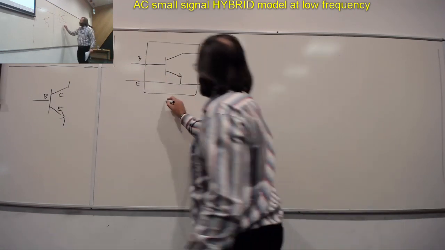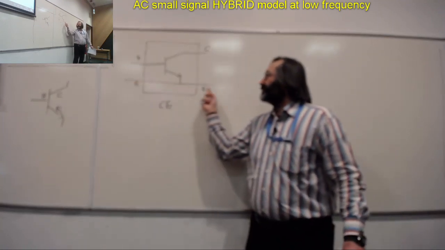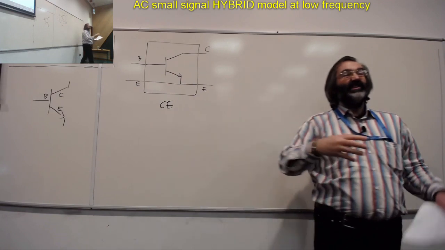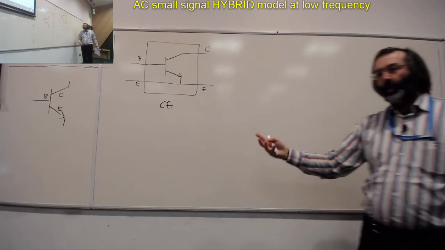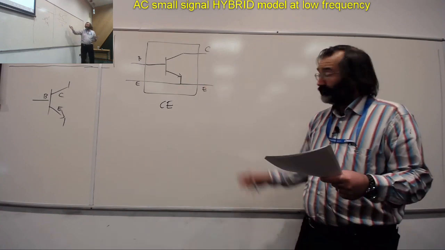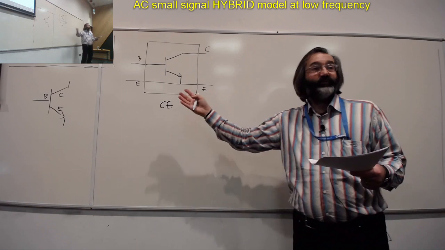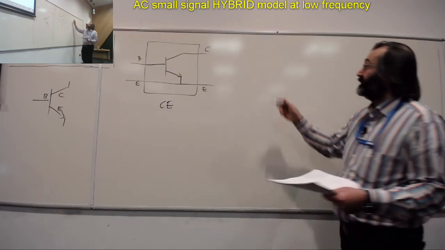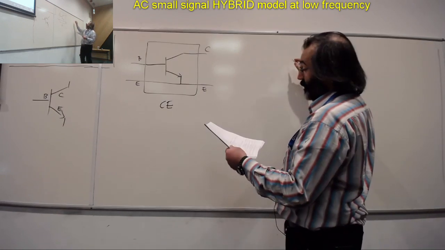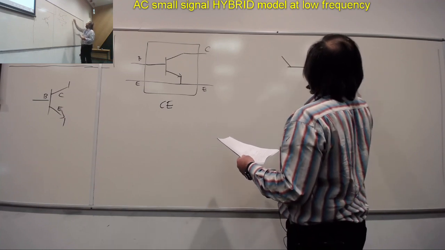So this is for the common emitter configuration. We see that the emitter here appears everywhere. So that's why it's the common emitter view, let's say. There are other, obviously, ways to see the same thing, which would correspond to the common base. I mean, I could make a drawing here of how to see the common base as a 2-port.